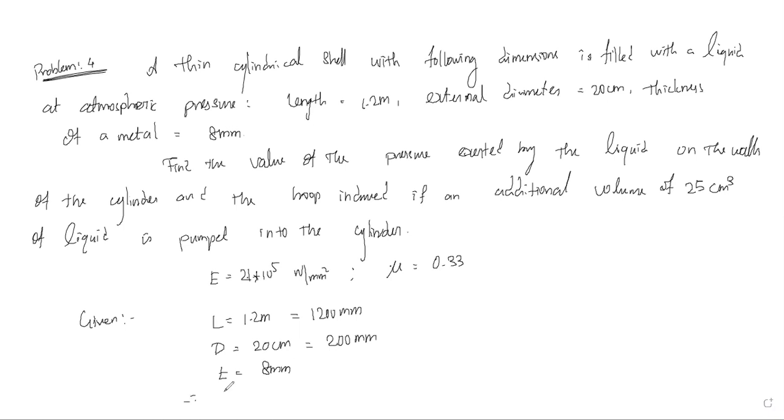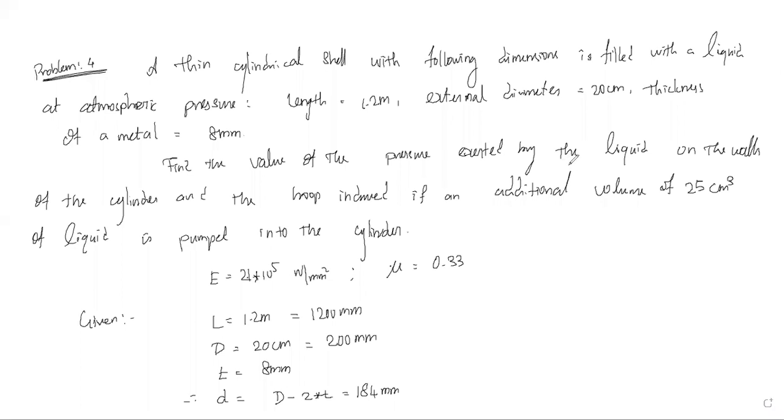Therefore, internal diameter small d is equal to capital D minus 2 times thickness, then it becomes 184 mm.